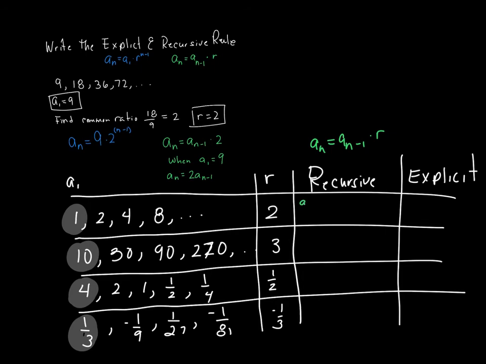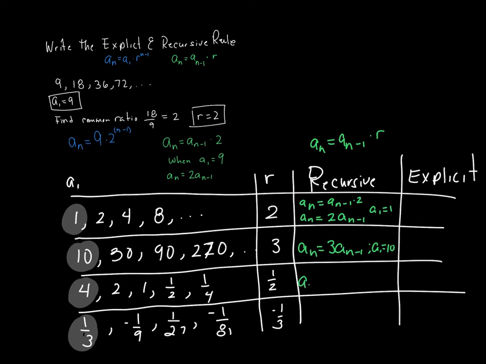So the recursive here gives me a_n is equal to a_(n-1) times 2, or a_n is equal to 2 a_(n-1) when a_1 is equal to 1. So my recursive formula here is a_n is equal to my ratio, which is 3, times a_(n-1) when a_1 is equal to 10.